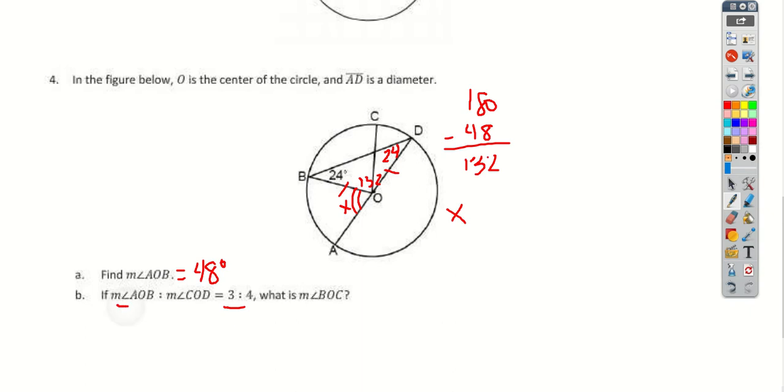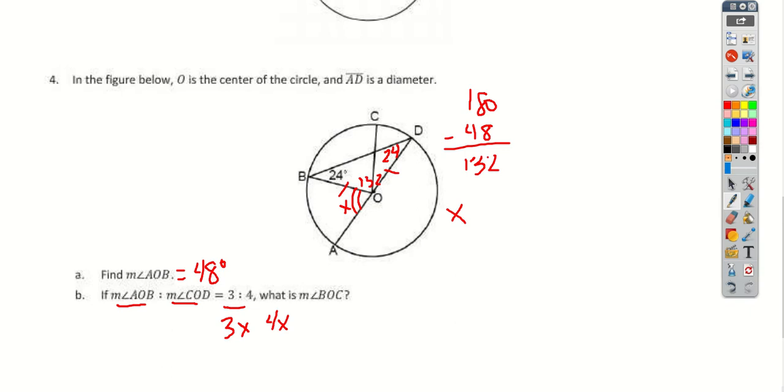All right. And it says the measure of angle AOB and the measure of COD, AOB and COD, is 3 to 4. So what's the measure of angle BOC? Now, we have 48. So what we normally would do is attach an x onto these. So angle AOB would represent 3x and COD represents 4x.